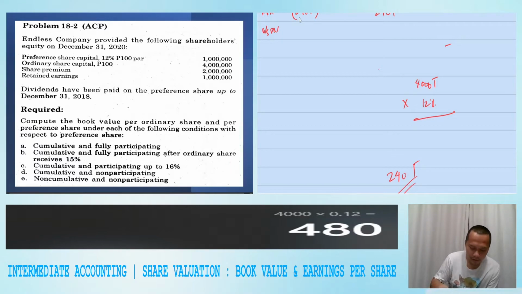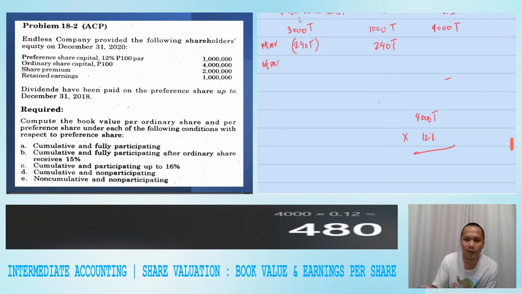So the dividend or the share of the ordinary share, we have 480,000. The participation. Okay? The equivalent privilege.